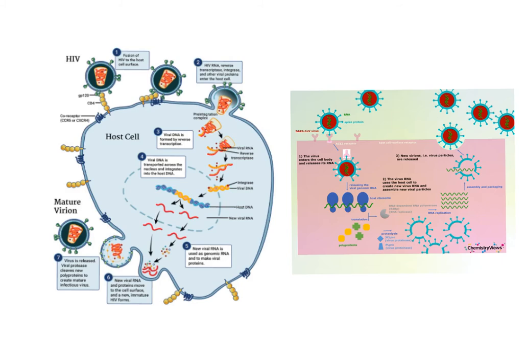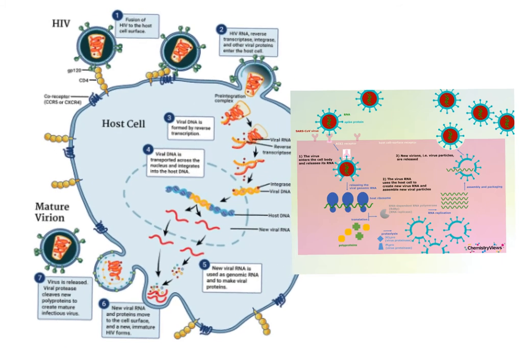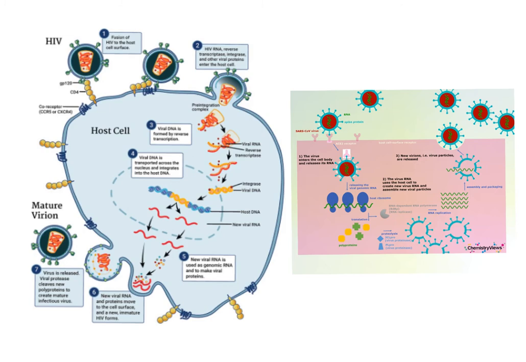Well, let's take a look at this model. This model right here gives us an idea of what HIV does. HIV will use that GP120 envelope protein, starting up here, to anchor to these CD4 receptors on these T cells.